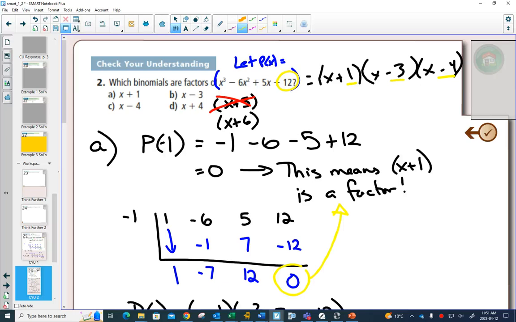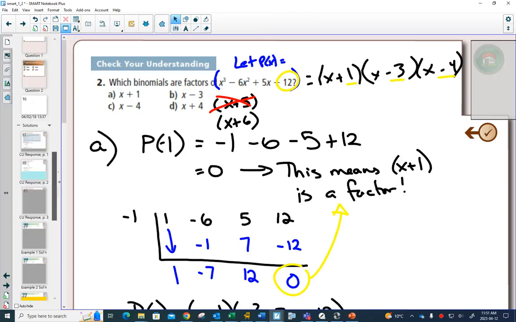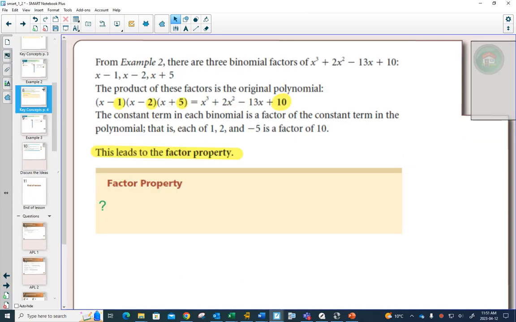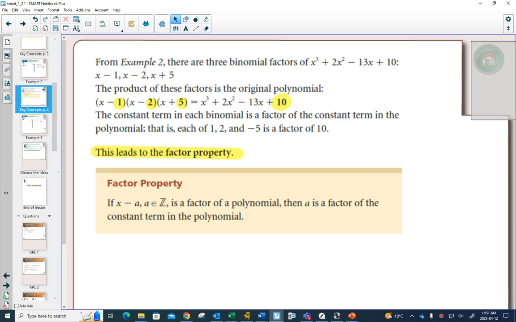And so this is something called the factor property, which is at the bottom of the page. Factor property says you look at the last number. This last number here in this example is a 10.